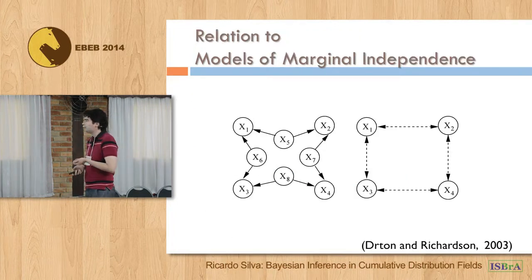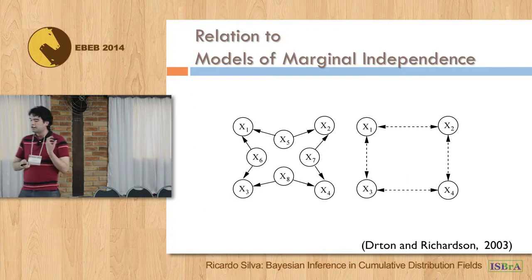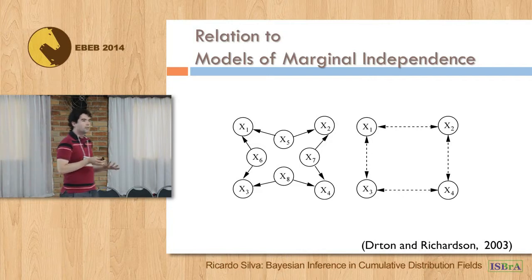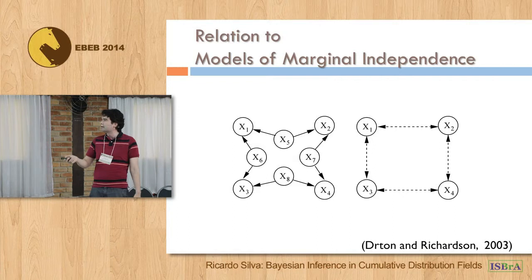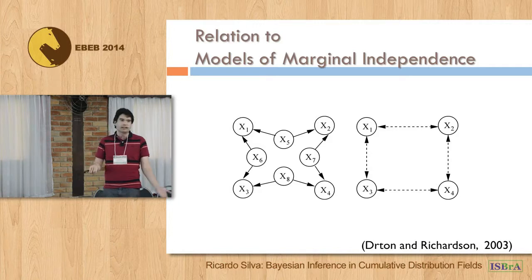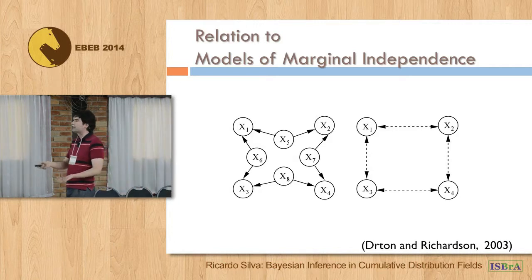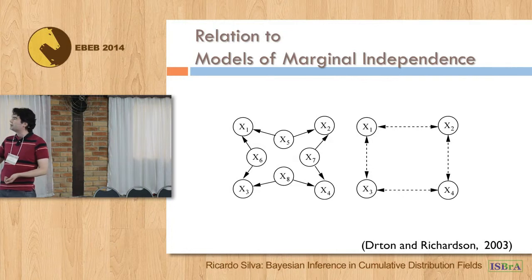Okay? And there's a relationship from the CDF factorizations to other graphical models, in particular models that emerge from marginalizing some latent variables. So suppose I have a model like this with 8 variables, where 5, 6, 7, 8 are latent variables. I'm only interested in modeling the marginal distribution of 1, 2, 3, and 4.